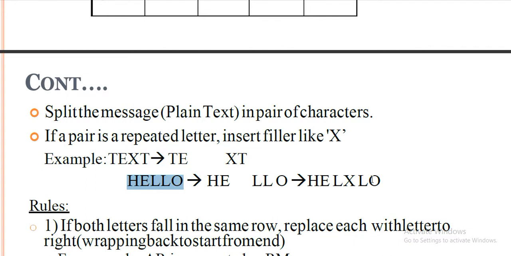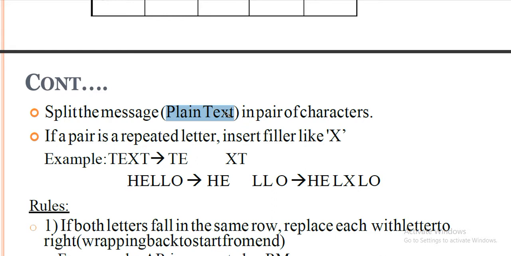But in case we have any plain text which has only 5 letters, how do we make the pairs? The first and second alphabets are the first pair, the third and fourth alphabets become our second pair, and for the third one we have only one alphabet.